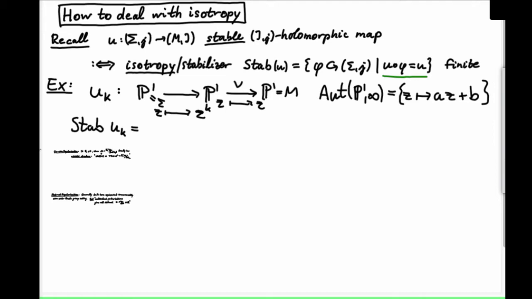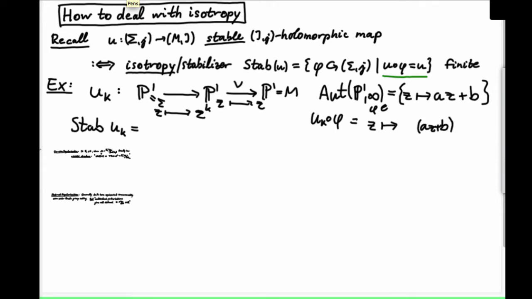And so if you ask yourself, what is u_k composed with one of these phi's? Well, that maps z to, right, so first we reparameterize, az plus b.